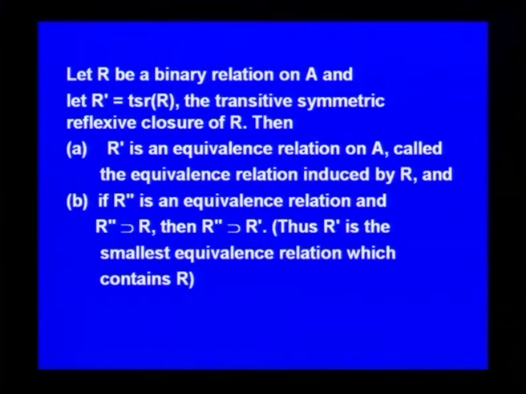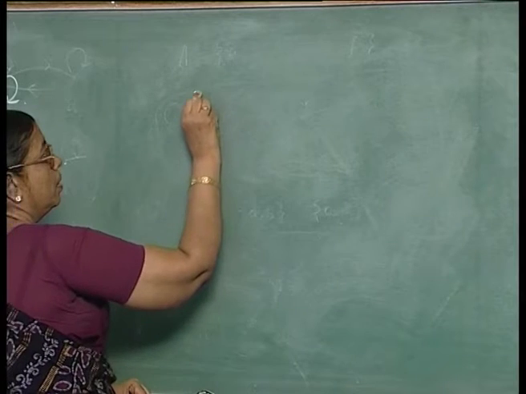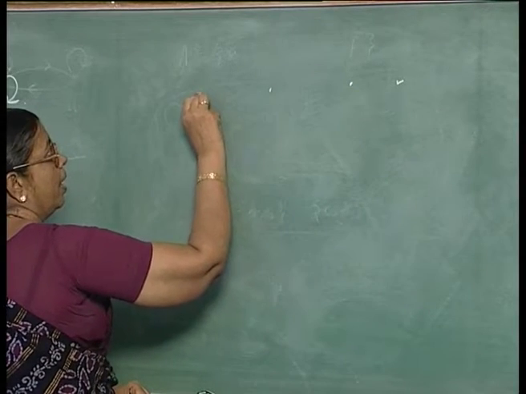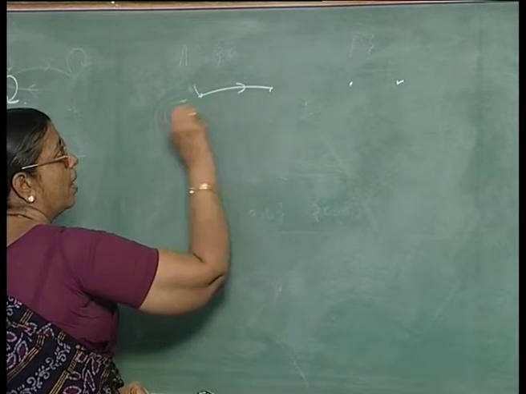So, here we have taken only two elements, suppose I take some more elements, suppose I have 4 elements A, B, C, D and something like this, R is this.